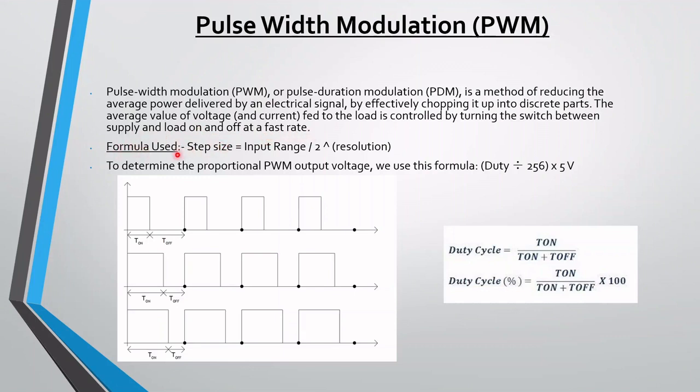The formula used is: step size is equal to input range divided by 2 to the power resolution. The PWM output voltage formula is mentioned, and the duty signal is also mentioned here.